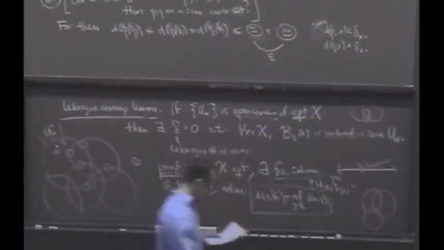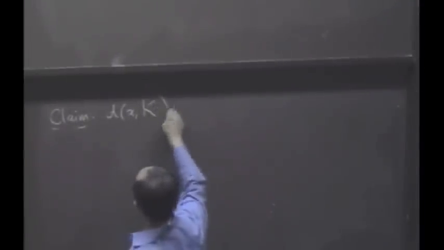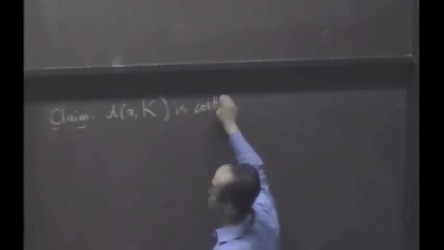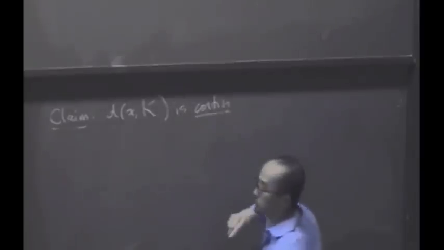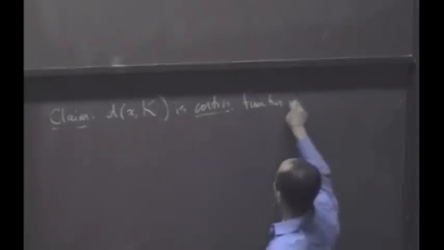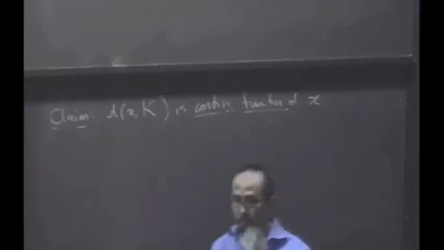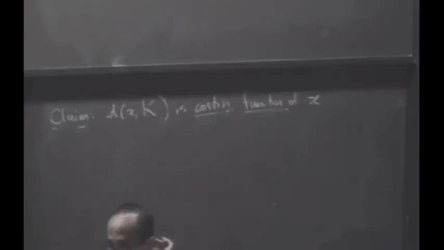What can I say about this distance notion? Well, I claim the distance between x and k is a continuous function of x. This is using some of Laura's idea. Fix k, move x around. I claim this distance is going to be continuous.